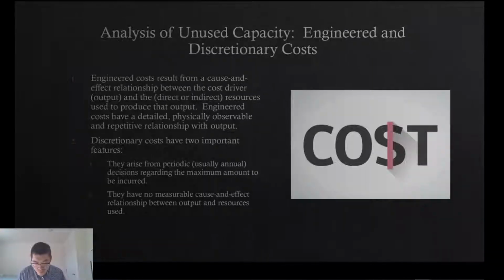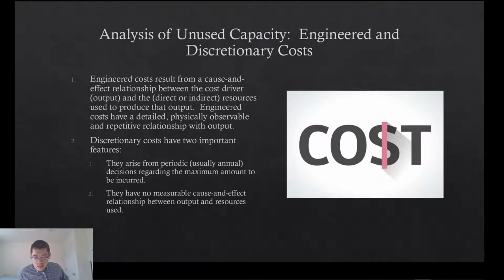So, analysis of unused capacity: engineered or discretionary costs. Engineered costs result from a causal relationship between the cost driver output and the indirect or direct resources used to produce that product. Engineered costs have a detailed, physically observable, and repetitive relationship with output.